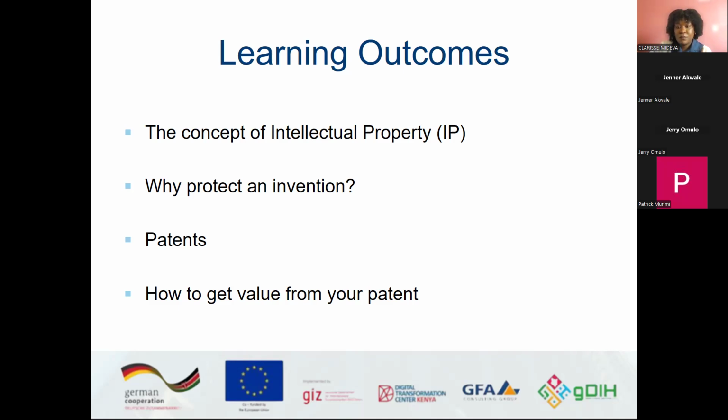And if it's actually solving a real problem in the country or whichever area you are into, maybe in agriculture, maybe a post-harvest issue that is affecting so many people, you will get money for that. And it will help you to do the maintenance and pay for the other fees. By the time you're getting your patent certificate, you are already in the market and you are rolling.